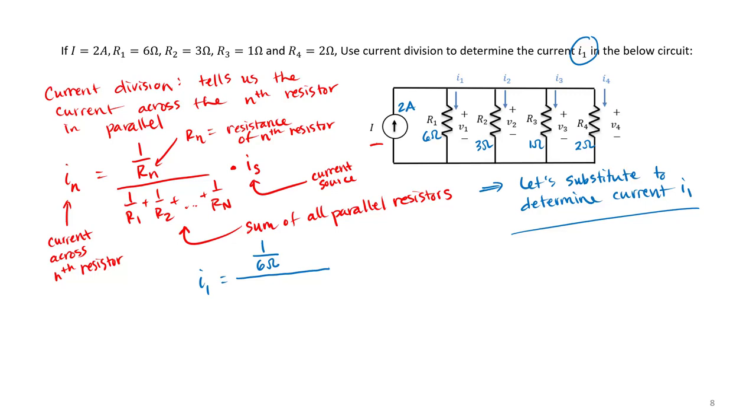So we have 1 over 6 ohms from R1 plus 1 over 3 ohms from R2 plus 1 over 1 ohm from R3 plus 1 over 2 ohms from R4. Finally, we must multiply by our current source. Our current source has 2 amps of current.